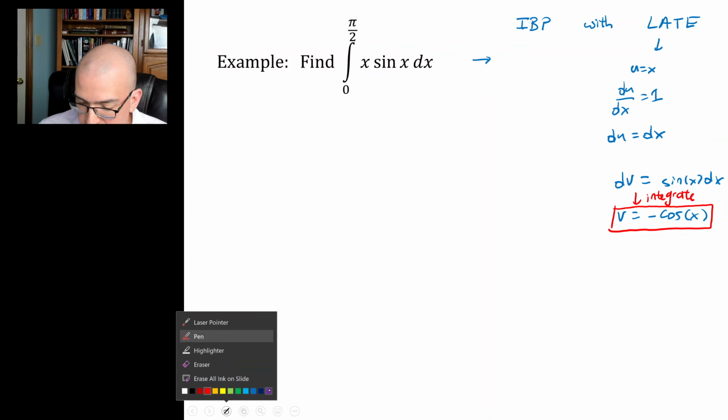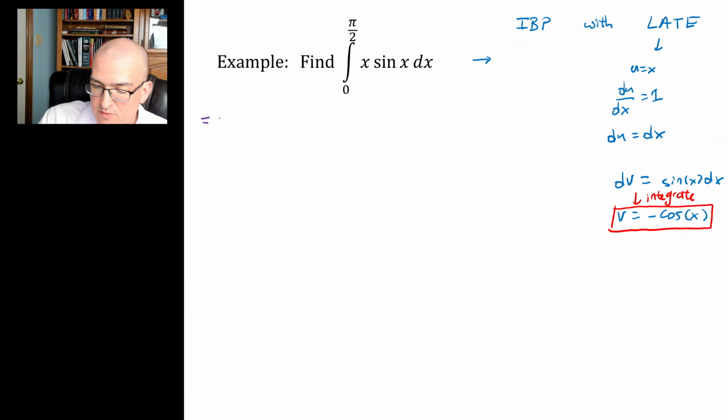Our integration by parts formula for definite integrals, we have uv evaluated from 0 to pi over 2 minus the integral from 0 to pi over 2 of v du.